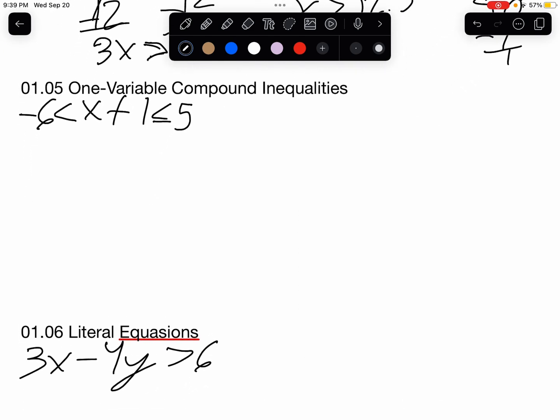In the 5th lesson, I learned one variable compound inequalities.